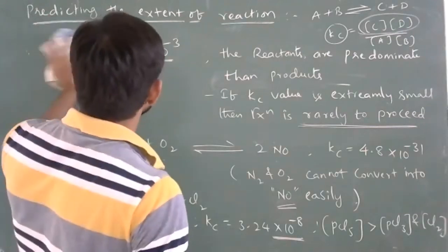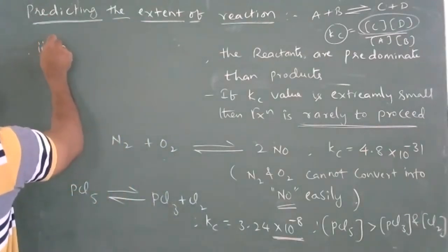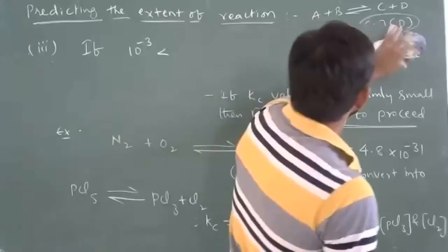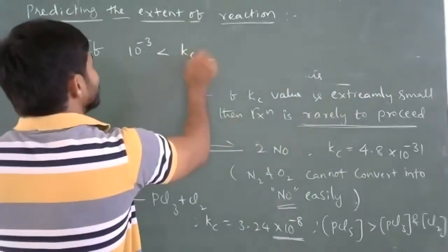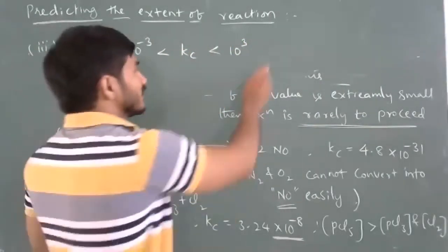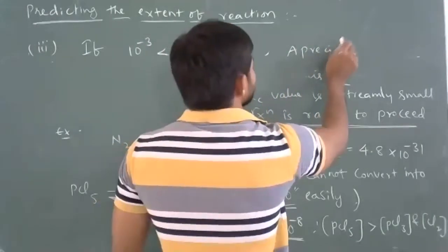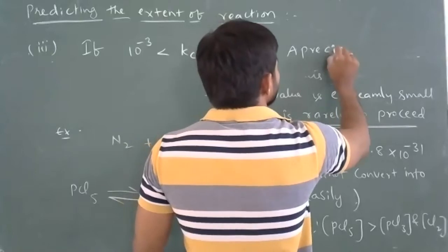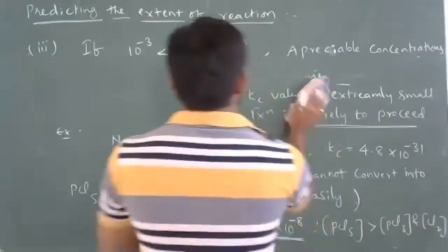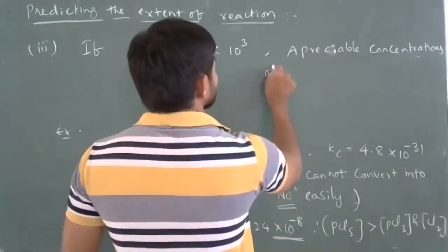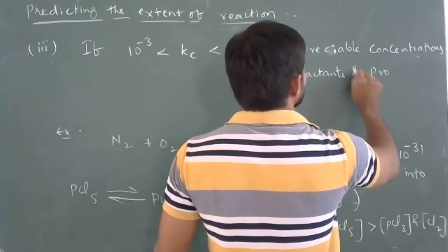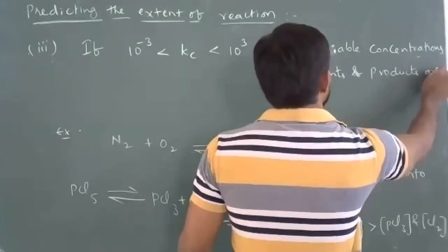Third point: if Kc value is in between 10 power minus 3 and 10 power 3, when Kc value is more than 10 power minus 3 but less than 10 cube, in that case appreciable concentrations of reactants and products are present.